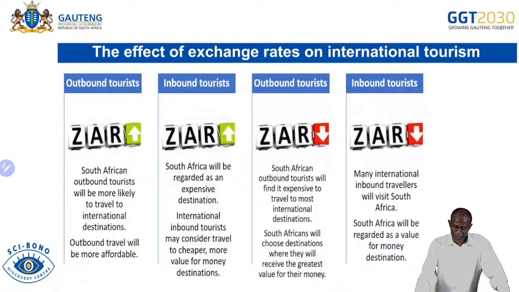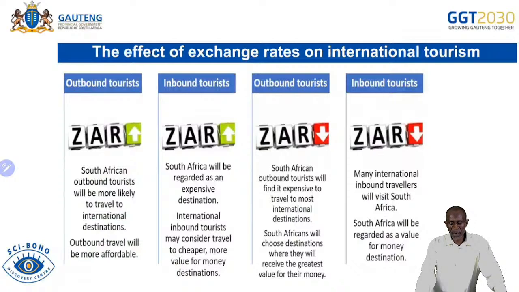For inbound tourists visiting the country, if the rand is weak, many international inbound travelers will visit South Africa. Because it will be cheaper for them to travel to the country, they will get more notes in exchange for their currency. South Africa will be regarded as a value for money destination.